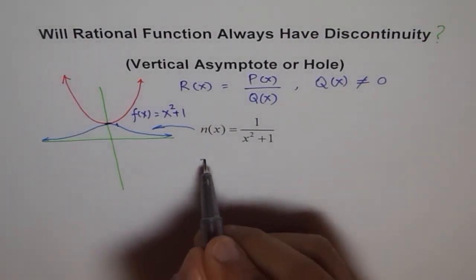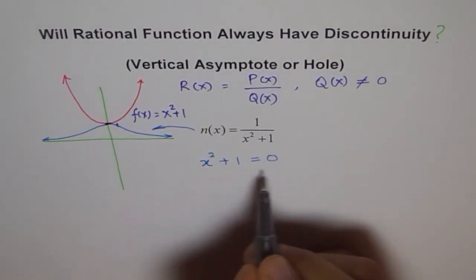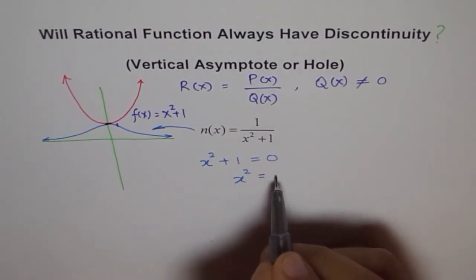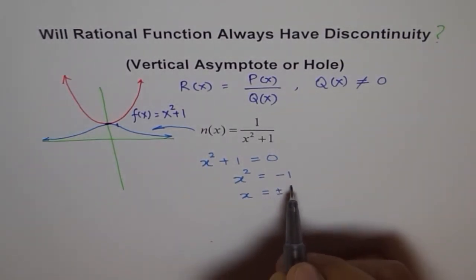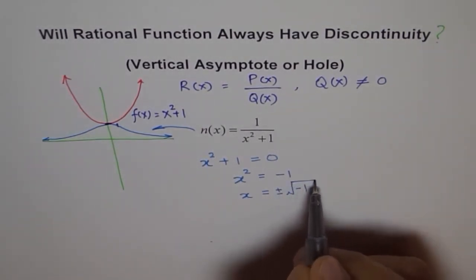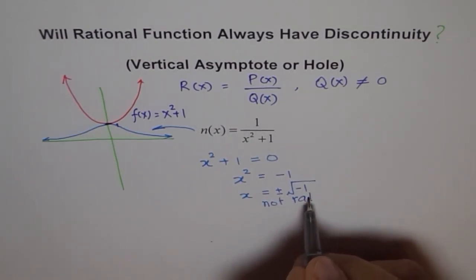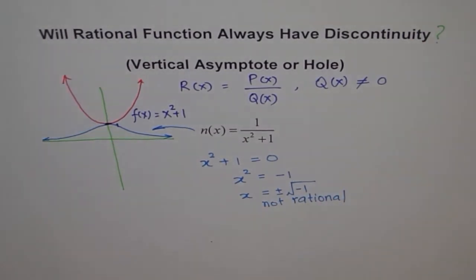If you equate x squared plus 1 equals 0 and try to solve this, you get x squared equals minus 1 and x equals plus or minus square root of minus 1. Not real, right? So we don't have any real discontinuity here. So we don't have any vertical asymptote or a hole in such a case.